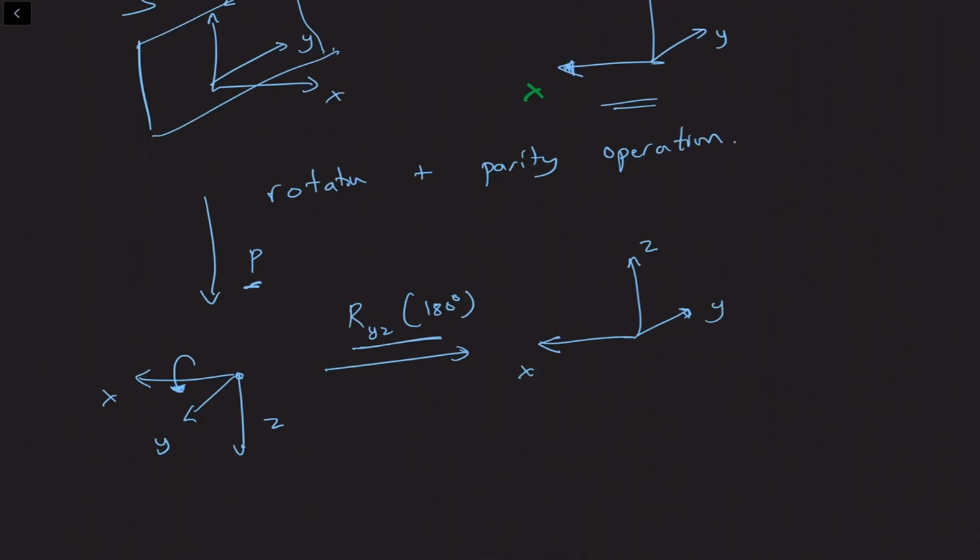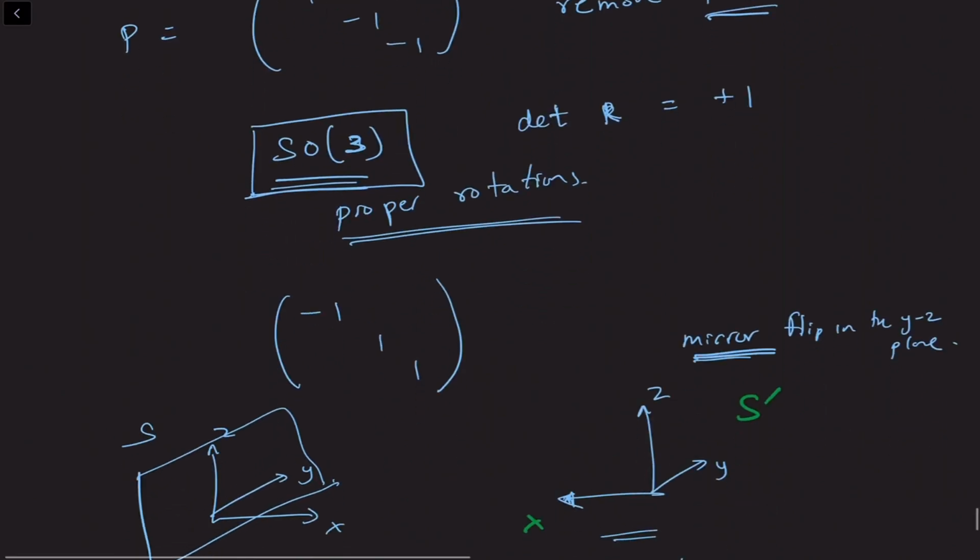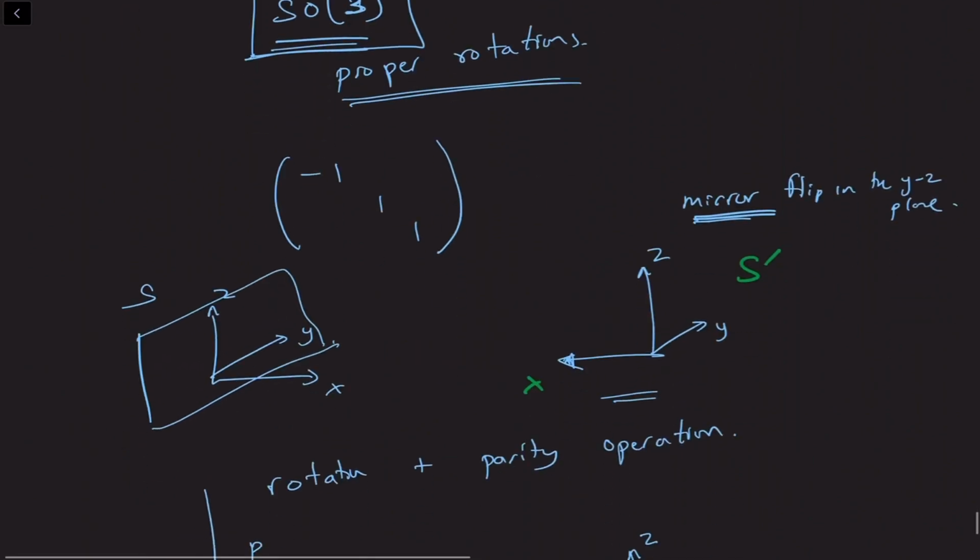And if we restrict ourselves only to proper rotations, that is, without parity transformations, even these mirror flips are forbidden, because the mirror flip also involves a left-handed coordinate system. x cross y is not going to be z, but rather is going to be in the minus z direction.